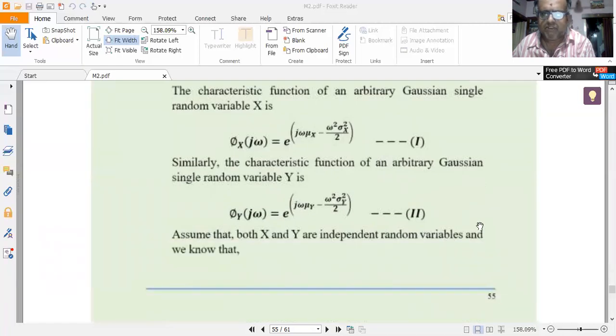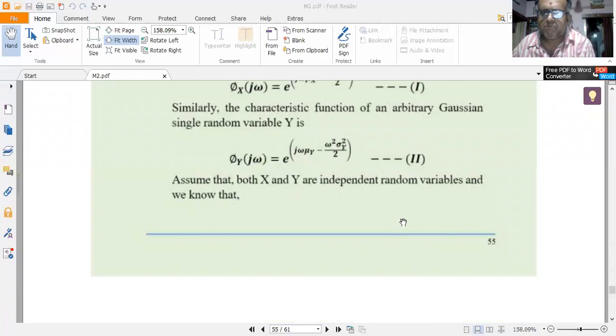And the characteristic function of any arbitrary Gaussian or normal random variable capital Y can also be expressed in a similar way as phi y of j omega is equal to e to the power of j omega mu y minus omega squared into sigma y squared by 2. Call it equation 2. So the characteristic function for y has the same shape as that of random variable capital X. Of course, both are Gaussian distributed.